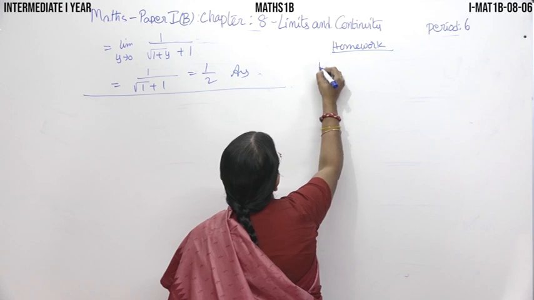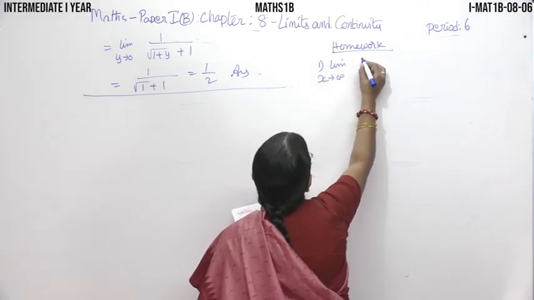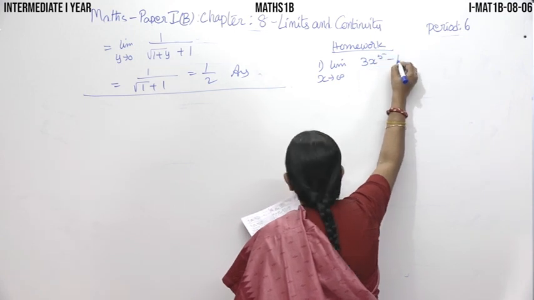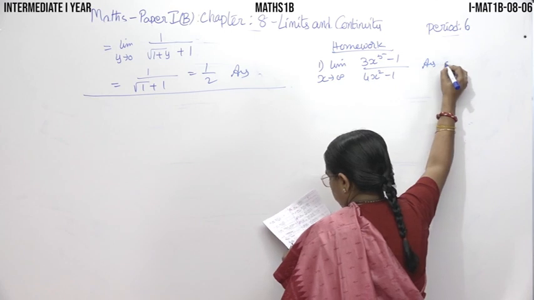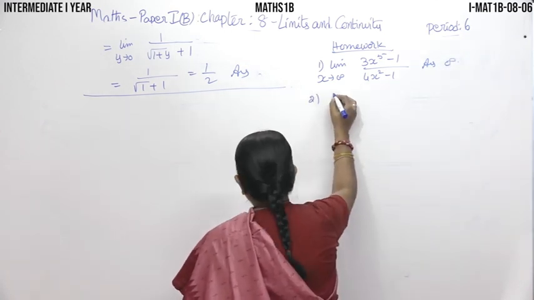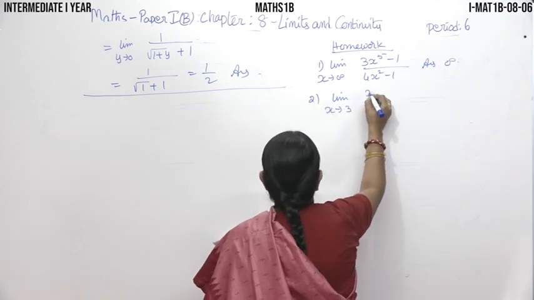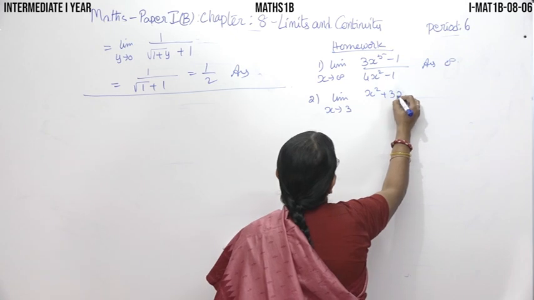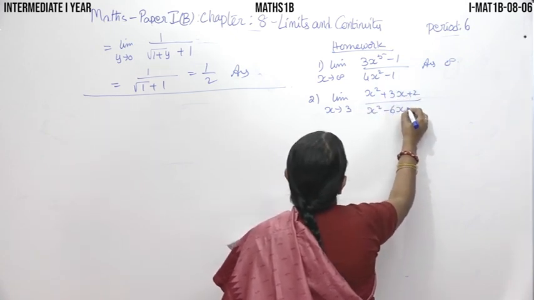Limit x tending to infinity of 3x to the power 5 minus 1 by 4x square minus 1. The answer is infinity. Okay, next. Limit x tending to 3 of x square plus 3x plus 2 by x square minus 6x plus 9.